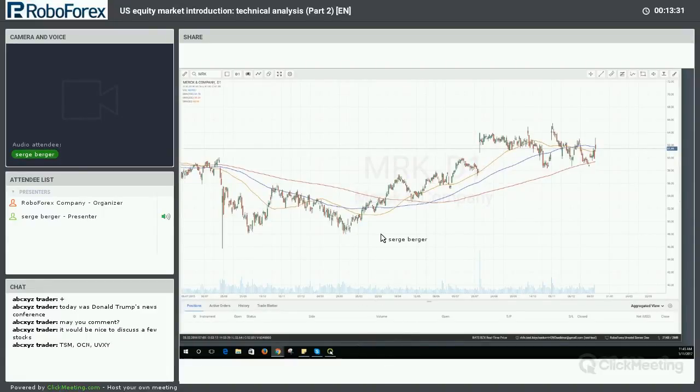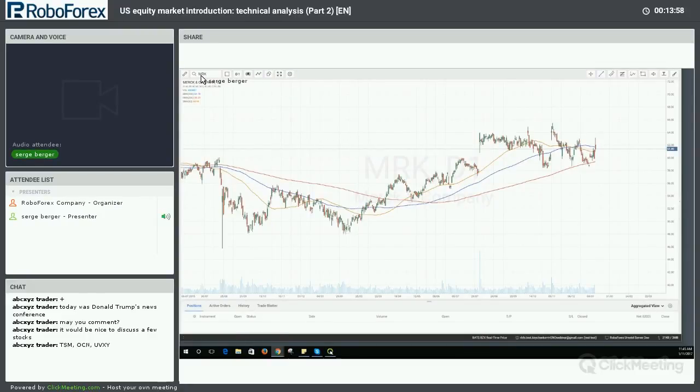So the second big tip I can give you when you use moving averages is to understand that if you're going to use a specific set of moving averages, they're not going to work for every single stock the same way. In other words, if you are going to use, let's say, the 50-day moving average, you can see the 50-day moving average works okay, not too badly, for this specific stock that we're looking at.